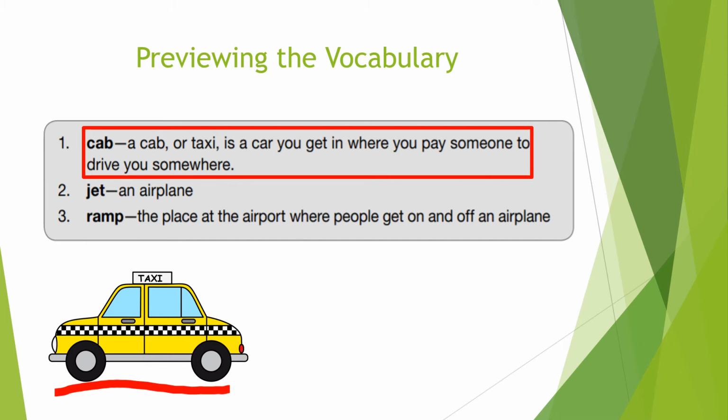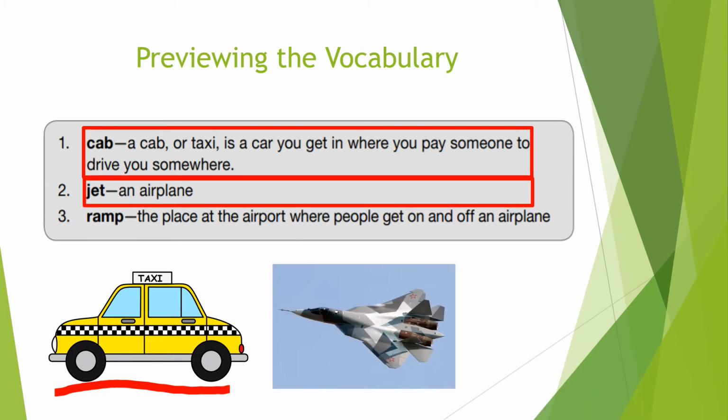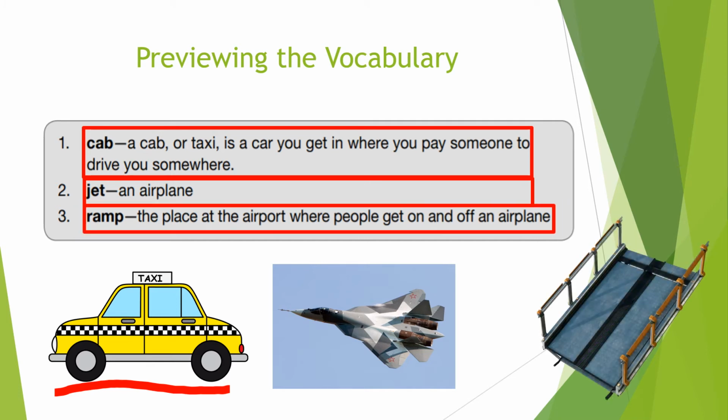The next vocabulary word is jet. A jet is an airplane. The next vocabulary word and last one is ramp. A ramp is a place at the airport where people get off and on an airplane. Typically, you see people going up a ramp to get on something or down a ramp to get off.